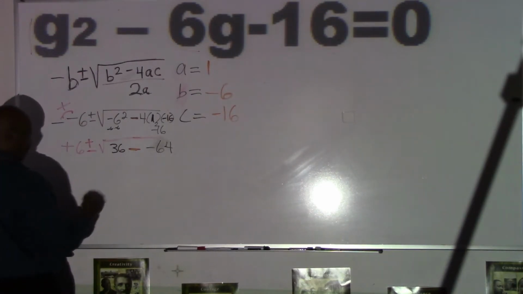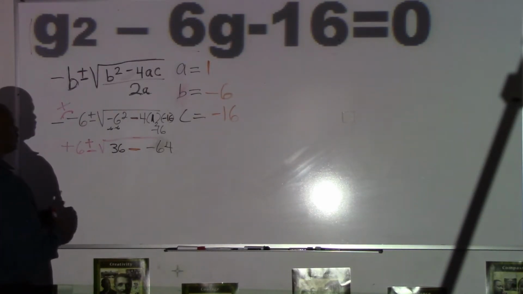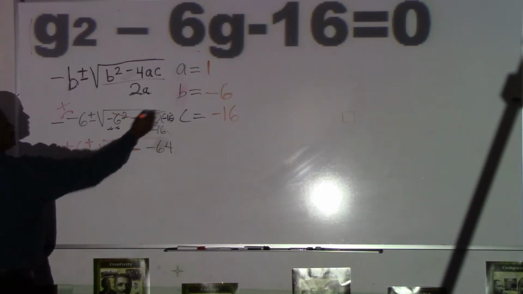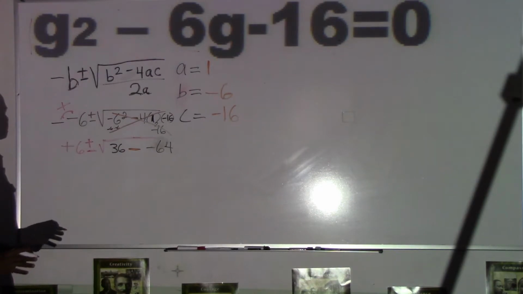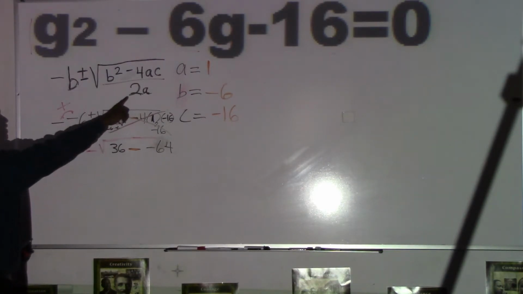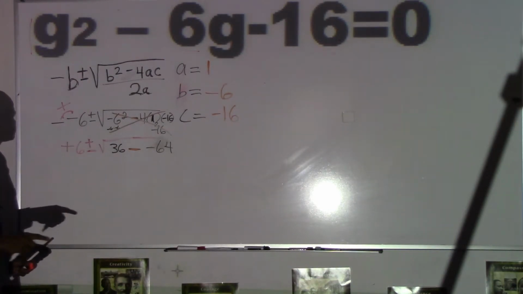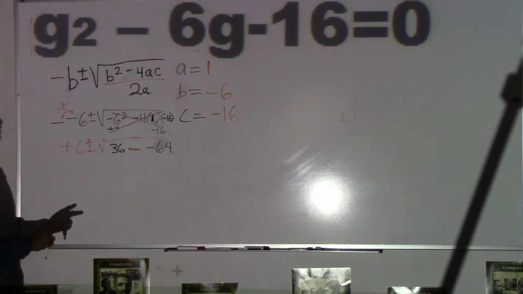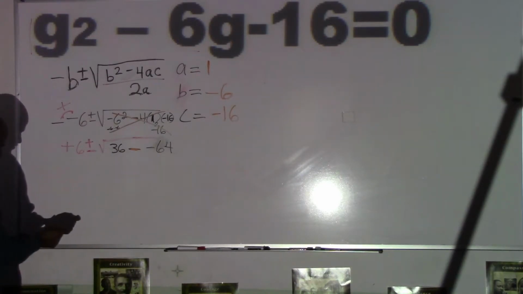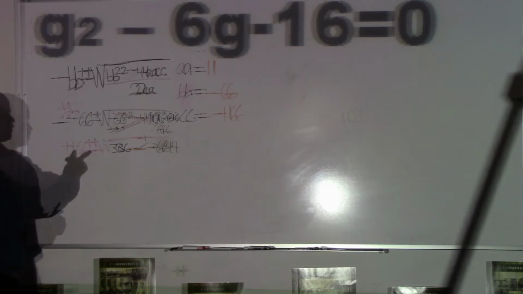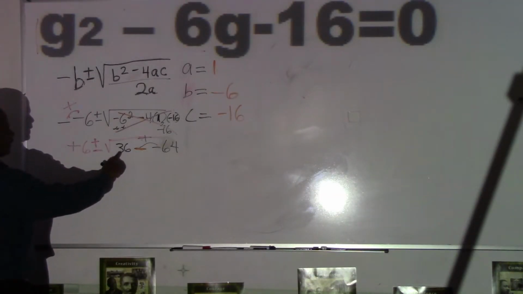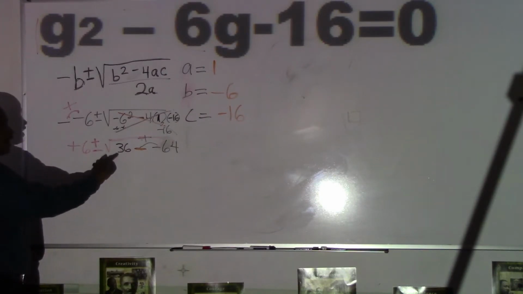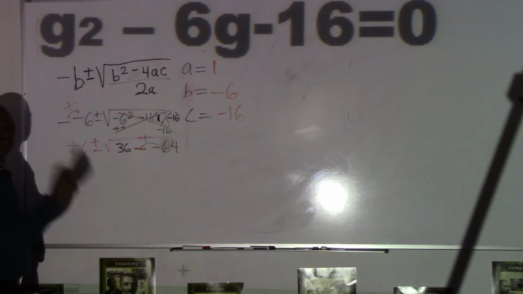Now we've gotten rid of all of this inside here, and the problem looks a little better. We'll deal with our 2a in a minute. I usually deal with that at the end, because we have to divide whatever our answer is by it. We have a positive 6 plus or minus the square root of 36 minus negative 64.